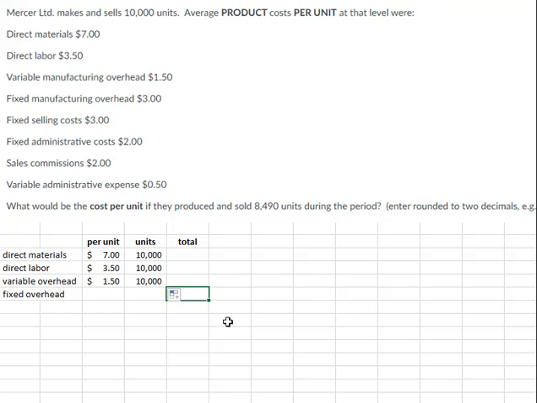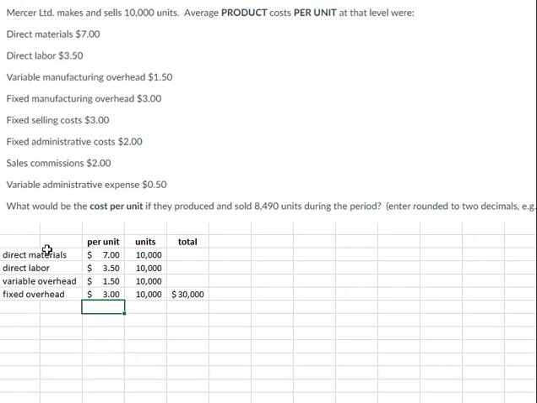So I know that it is $3 times 10,000 in total. Now somebody divided that by 10,000, and for that level and that level only, it's $3 a unit. But if you change levels, that 30,000 is going to be something different per unit. It'll still be 30,000 in total.